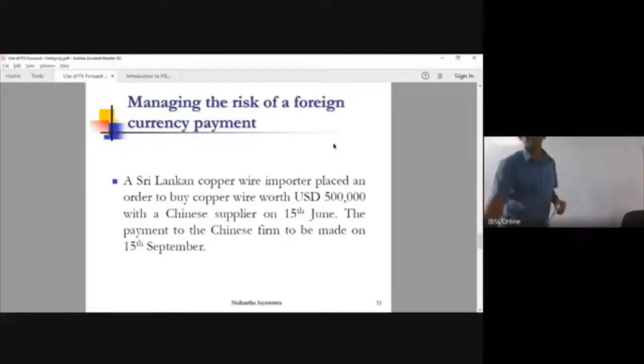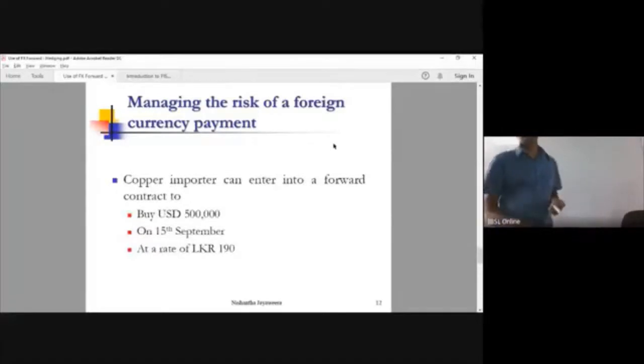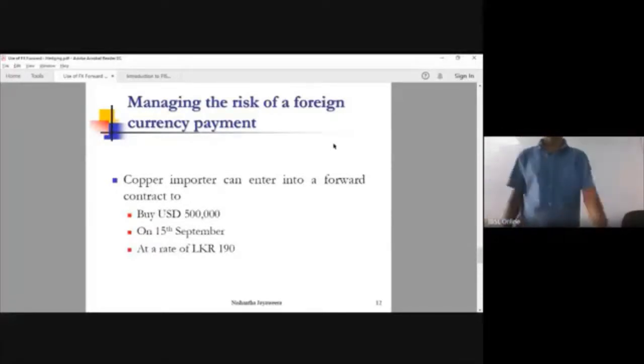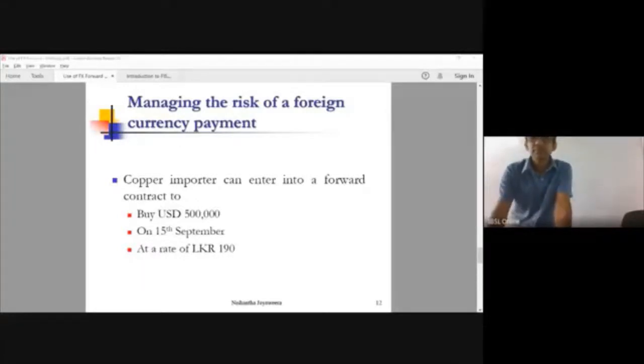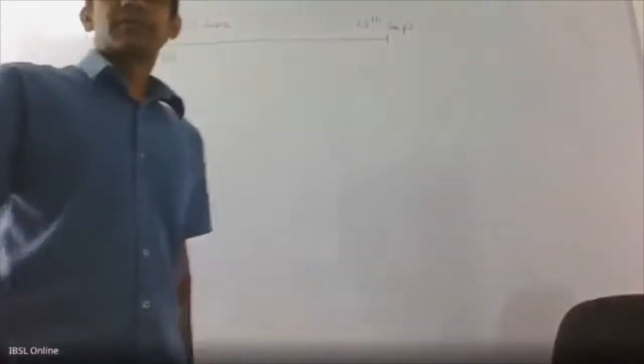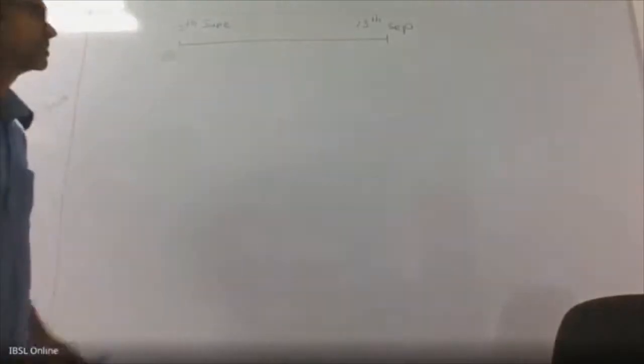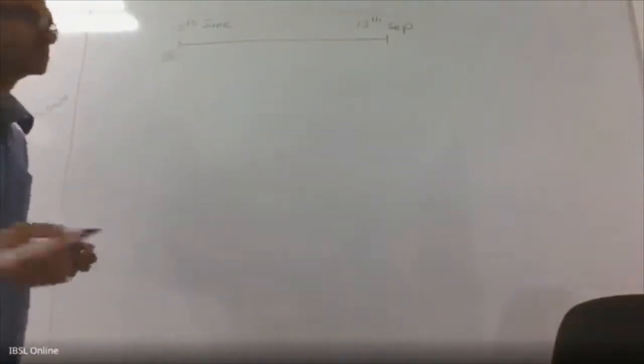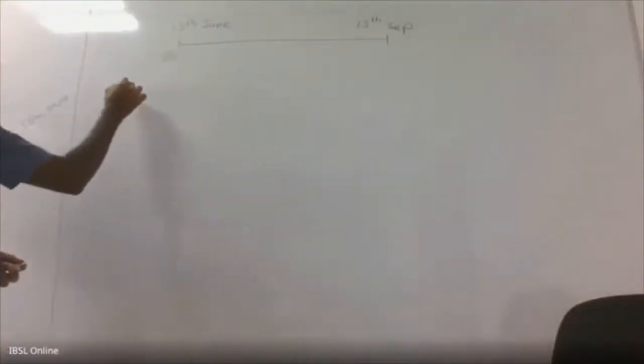So what is the risk? What is the risk that the importer, now in this instance we are talking about the importer, faces?